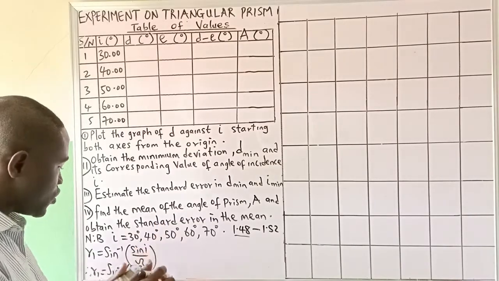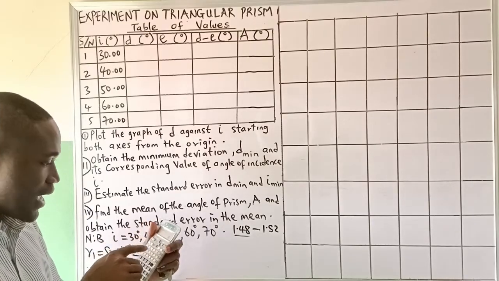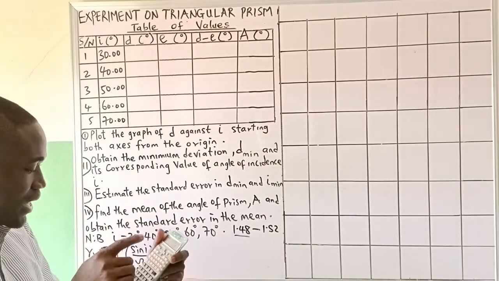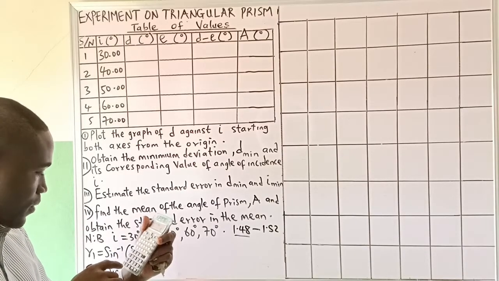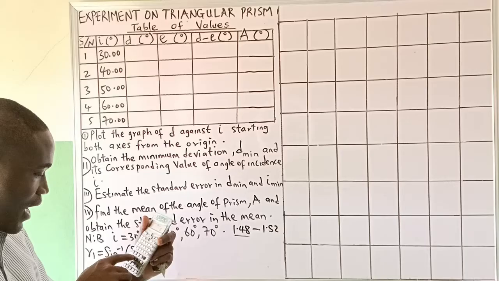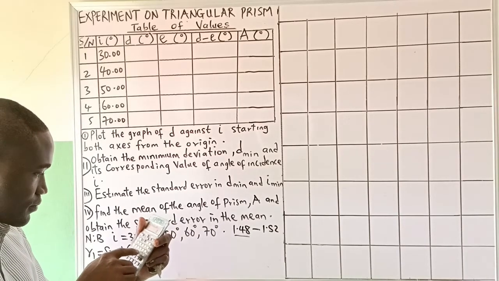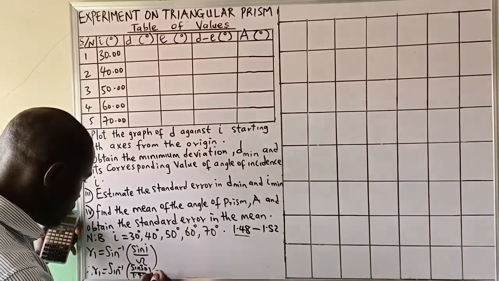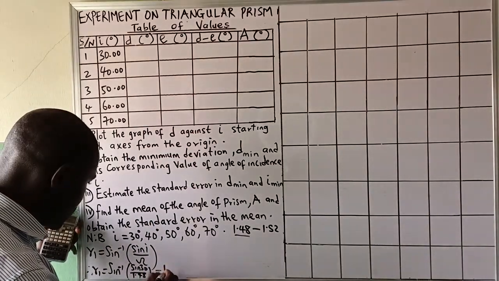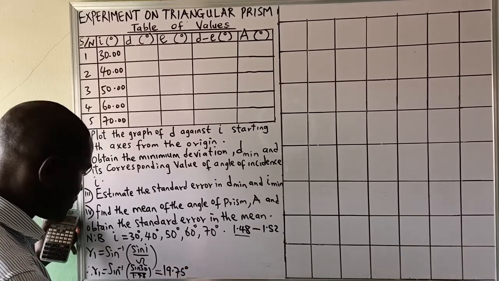So what I will now do is press shift sine, which means sine inverse, open bracket, 0.5 divided by 1.48. I'll get my answer to be equal to 19.75 degrees.